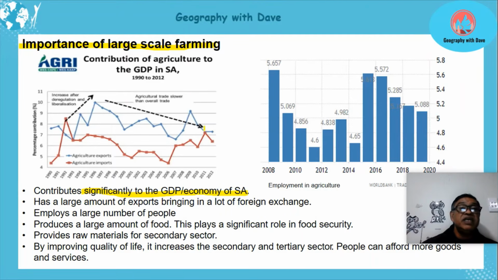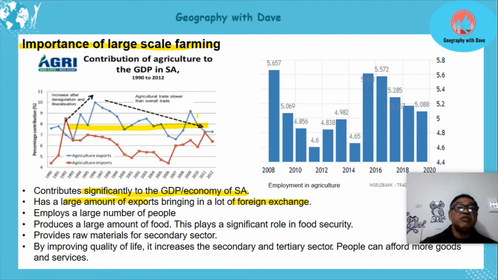And look at this. This is basically your commercial farmers who bring in a lot of money through exports, huge exports, as shown down here. A large amount of exports bringing in a lot of foreign exchange. Even here, you can see, even in 2012, it's around 6.2% of the overall, or 6.3% of the overall exports of South Africa. So it brings in a large amount of money.